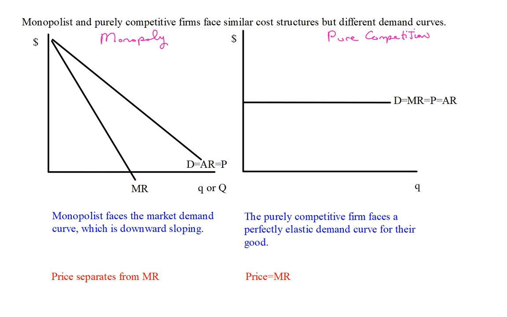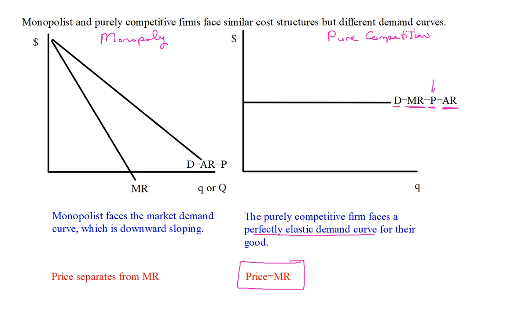The difference is that in pure competition, the demand curve, which is perfectly elastic for the purely competitive firm, the demand curve is equal to marginal revenue, which is equal to price, and equal to average revenue. Okay, so a purely competitive firm faces the perfectly elastic demand curve for their good, and therefore price will be exactly equal to the marginal revenue, right?